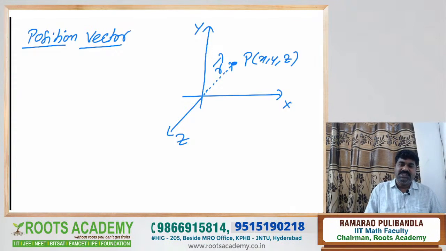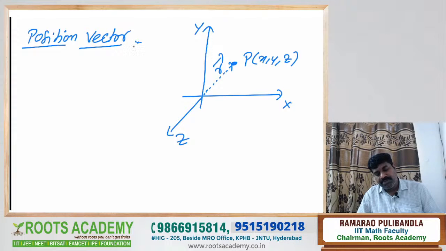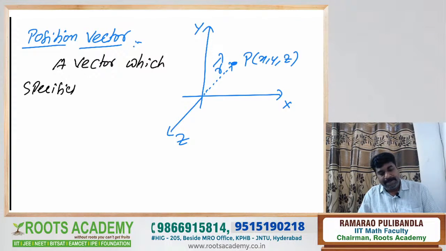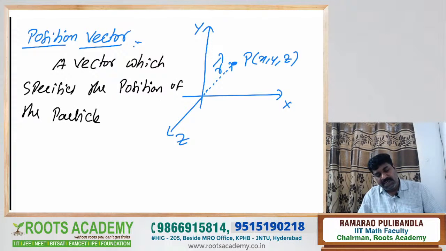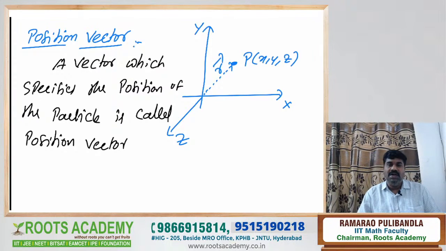A vector which specifies the position of the particle is called the position vector. For example, P of x, y, z is a point.